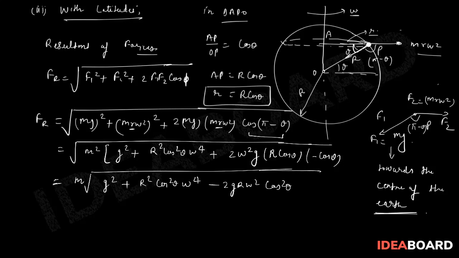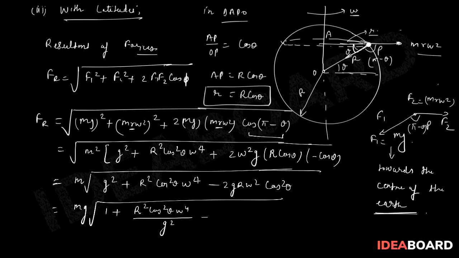Okay, now let us take g also common. So this is equal to 1 plus r square cos square theta omega to the power 4 upon g square minus, if we have taken g common, 2 r omega square by g into cos square theta. Okay, so now I got the value of f resultant.